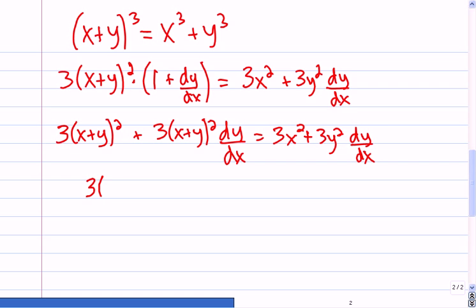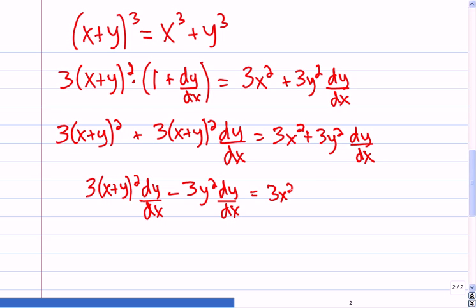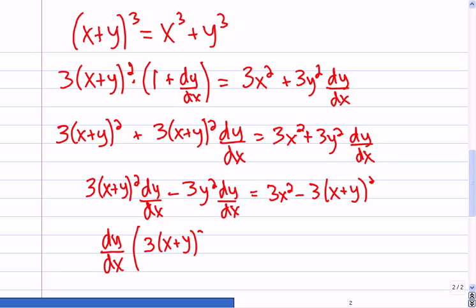I'd have 3(x + y) squared dy/dx, take away 3y squared dy/dx, equals 3x squared minus 3(x + y) squared. And now I can factor out and solve. So if I factored out, I'd have dy/dx times 3(x + y) squared minus 3y squared.